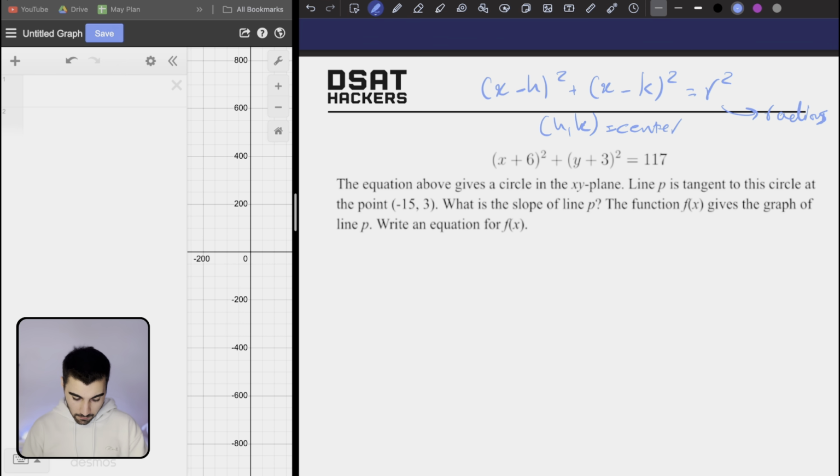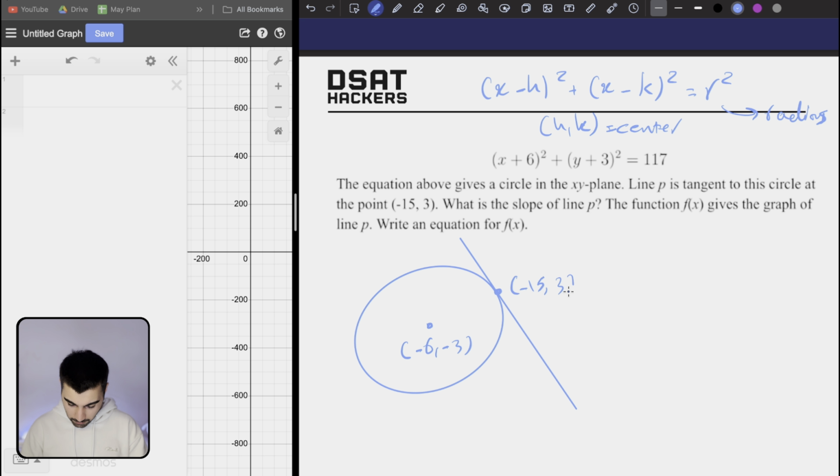If I have the circle this way, and here's the center of the circle, which is -6, -3 for this circle, and let's say here is the tangent line, this point is -15, 3, which is both on the line and on the circle. And we know that the radius is always perpendicular to the tangent line. So that is a 90-degree angle over there.